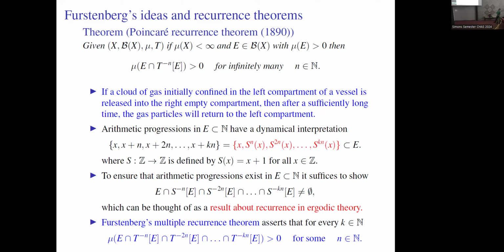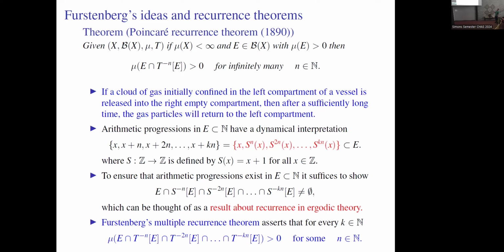So which means that the orbits, if we start from E, it returns to E infinitely often. So this is what this inequality says.